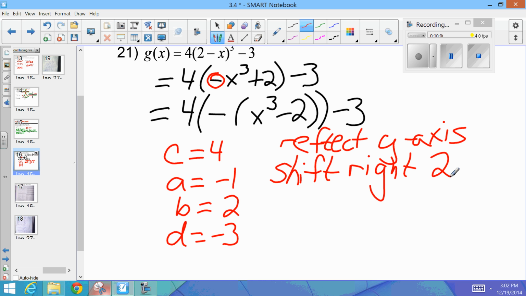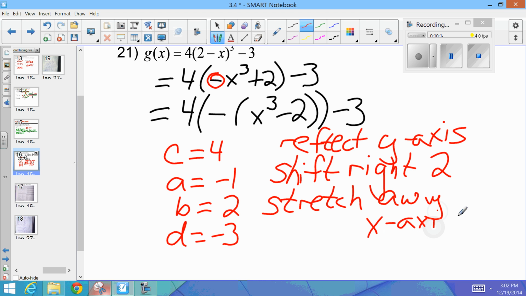C is bigger than 1, so it is going to be a stretch away from the x-axis. And then D is -3, so that is going to be a shift down 3. All right, that's it for that video.